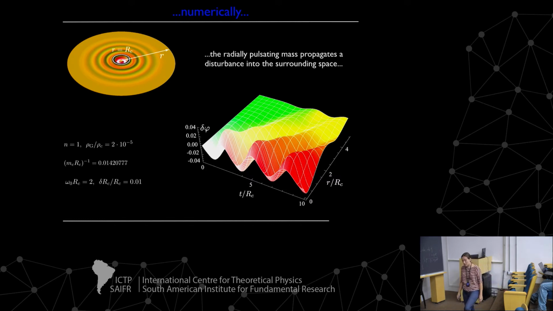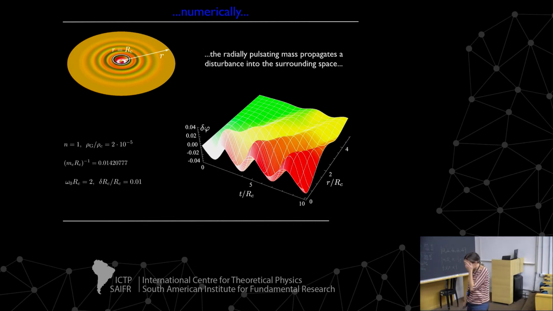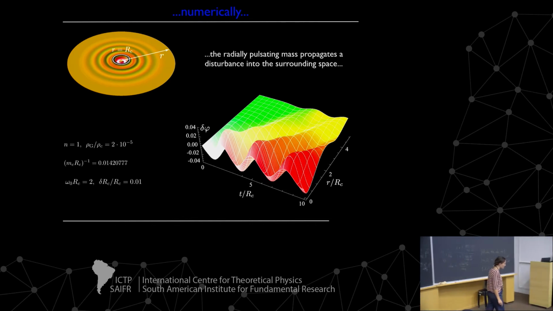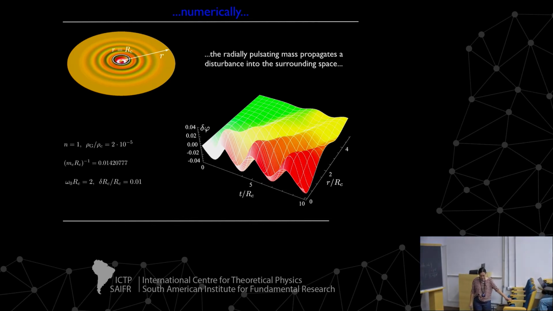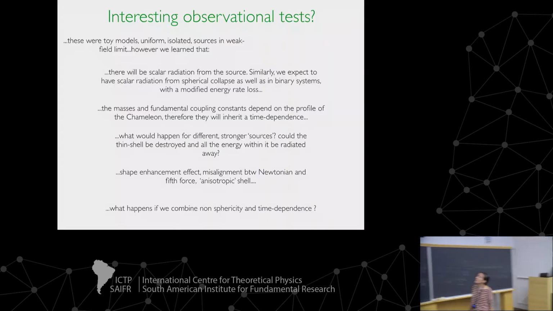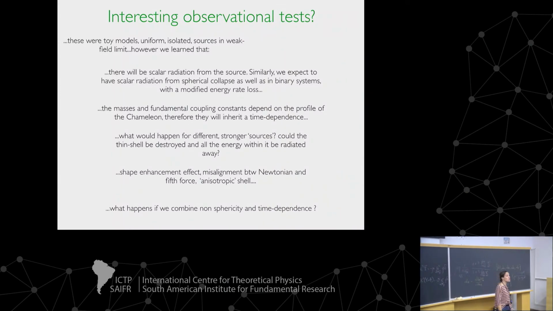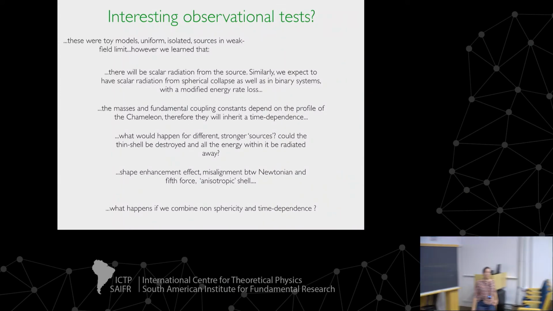And there are also many other papers, especially after the detection of gravitational waves came out, because this is telling you that you can have a monopole component and also a dipole component in the radiation that you expect out of some sources. So it's interesting. It would change, for instance, the rate of energy loss through gravitational radiation and so on.